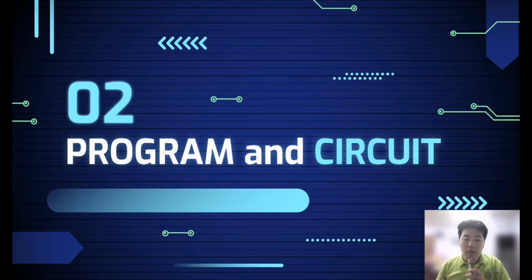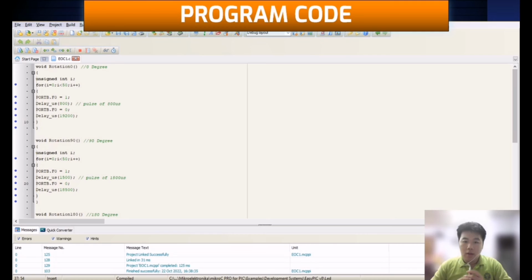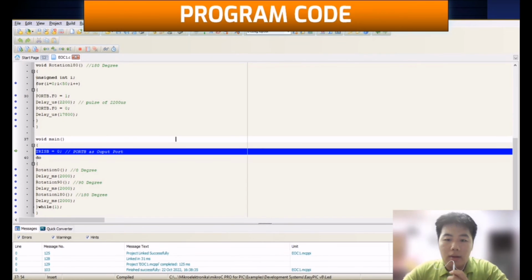Now, let's look at the program and the circuit for our EOC. So this is our program code. Here we make the rotation 0 degree and the rotation 90 degree program. And here is the rotation 180 degree program.